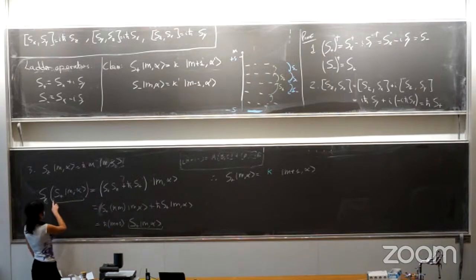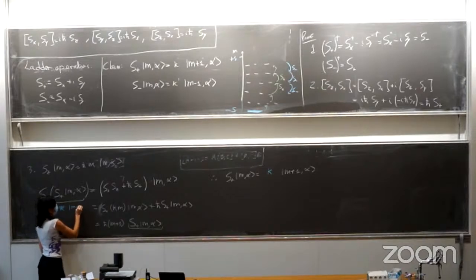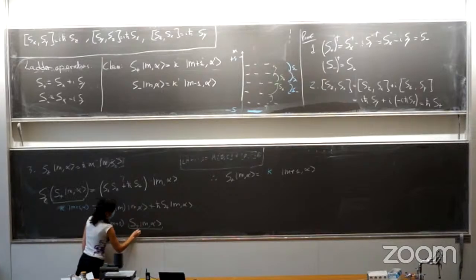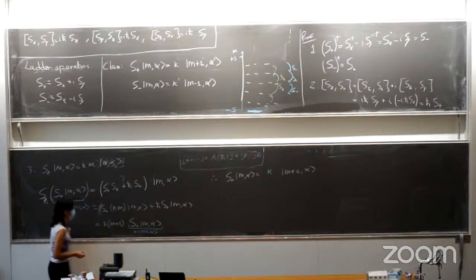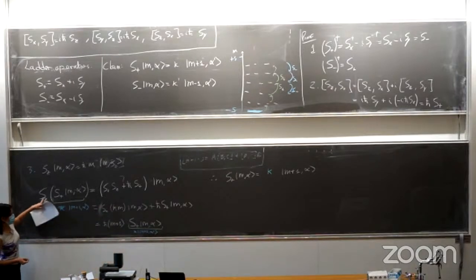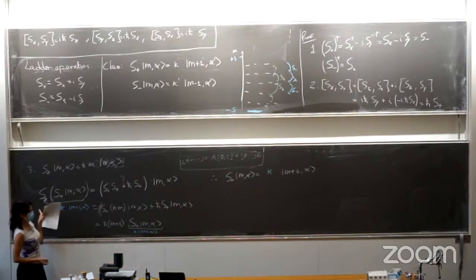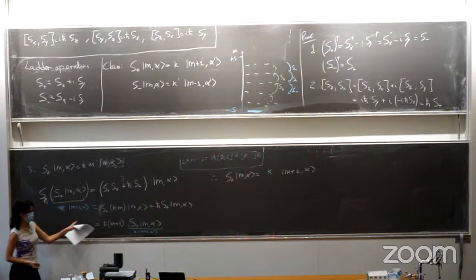Right? So if I say that this is, what did I call it? K times |m plus 1, alpha> and this is K, alpha prime, m plus 1 prime, the whole thing would still be the equation for an eigenvector.